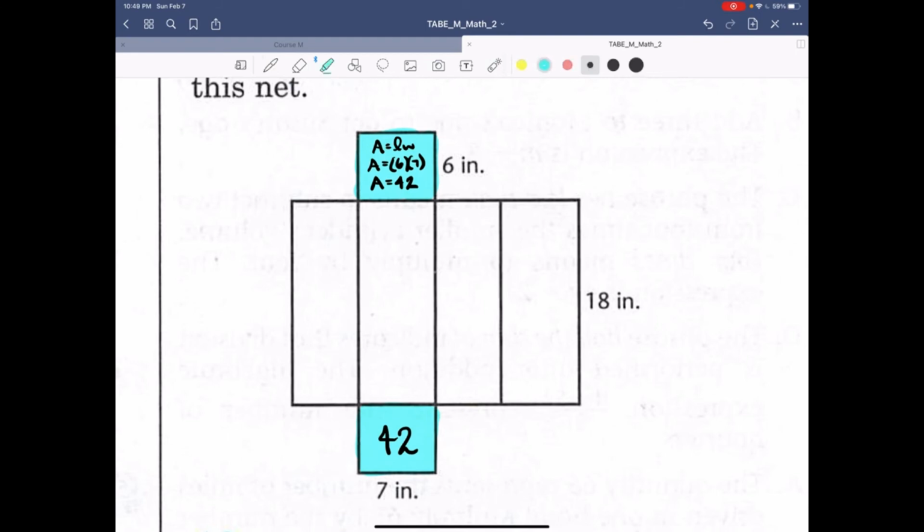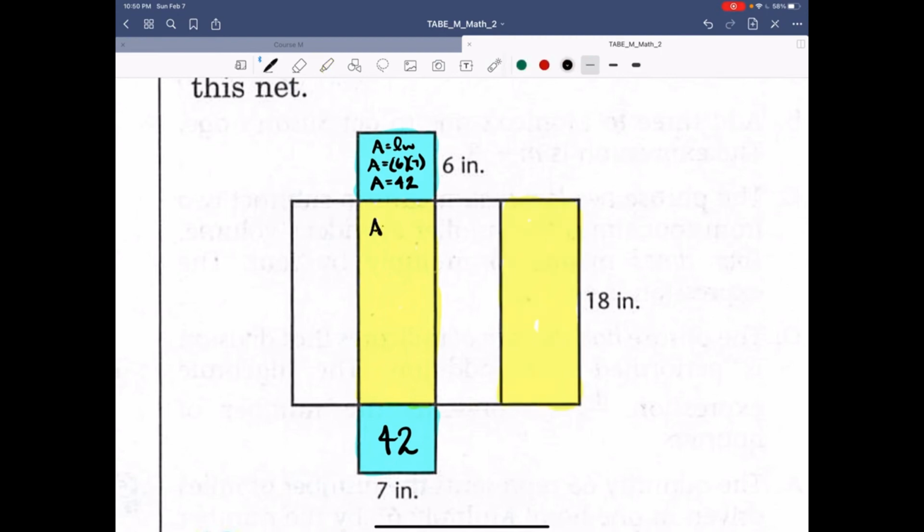Then I have the bottom of the box, which is right here, and I have the top of the box, which is over here. And that is an 18 by 7.